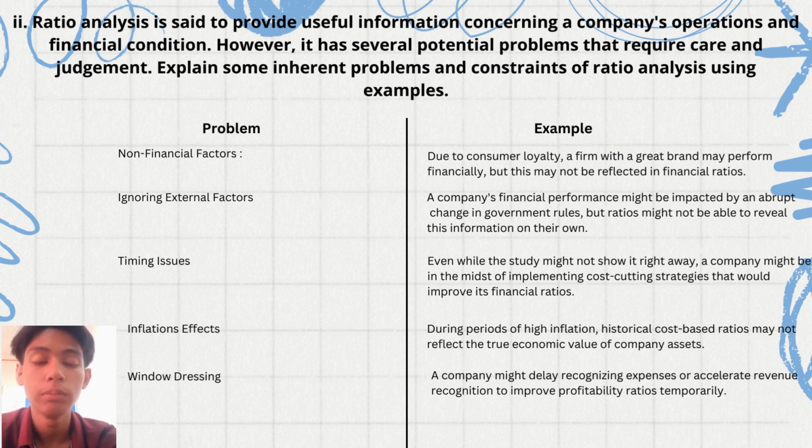The last problem is window dressing. Companies may manipulate financial statement to present a better picture, impacting the accuracy of ratio. For example, a company might delay recognizing expenses or accelerate revenue recognition to improve profitability ratio temporarily.